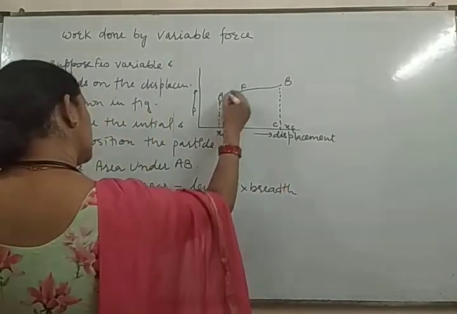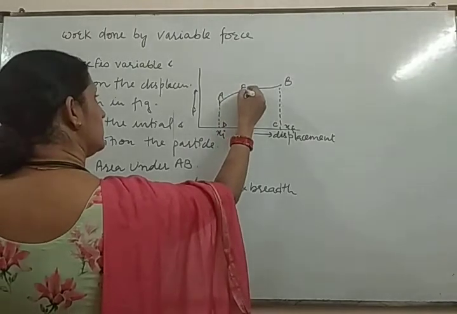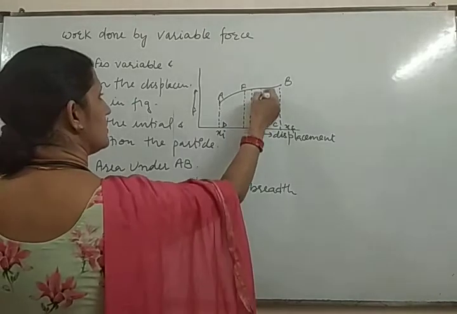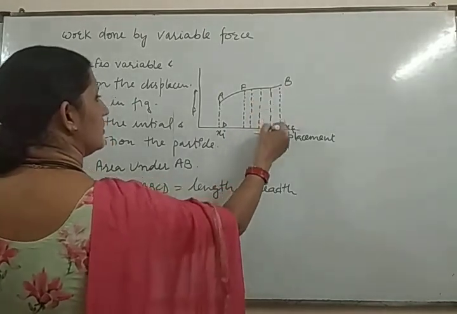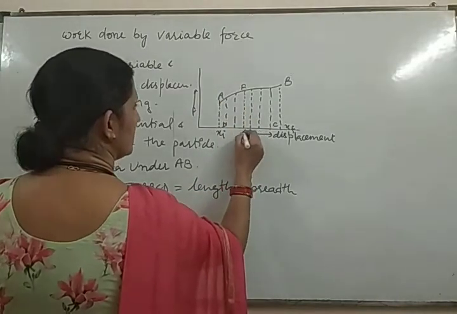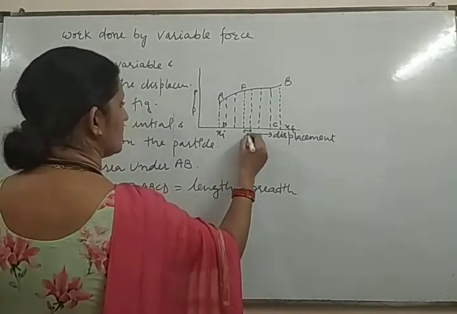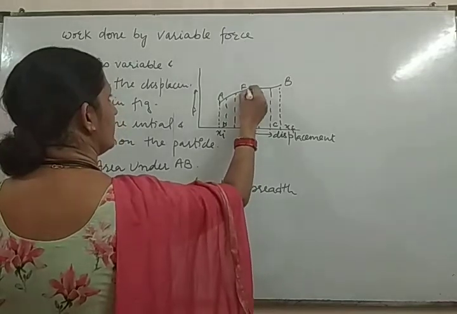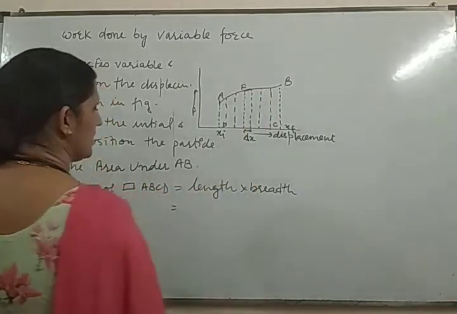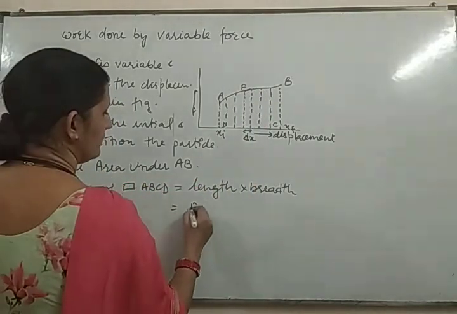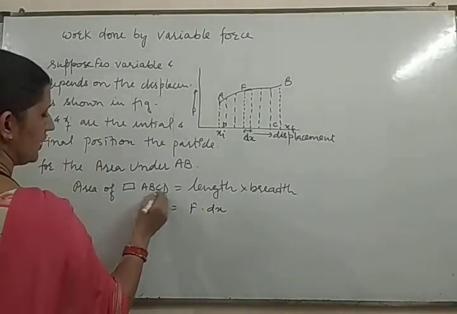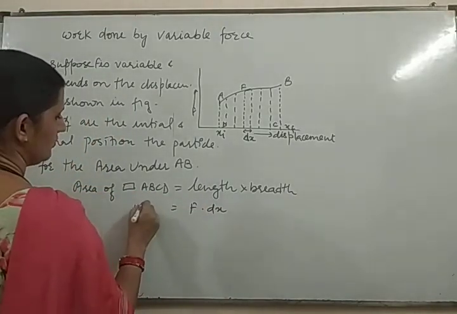Suppose you are splitting it into small strips of very small change. Suppose this is the small change dx or delta x for a very small force. Consider this line as a straight line, so you will have F into dx. The area of this ABCD will give you the work done.